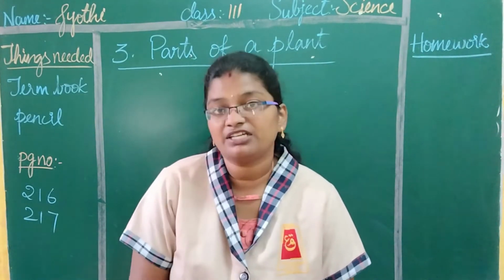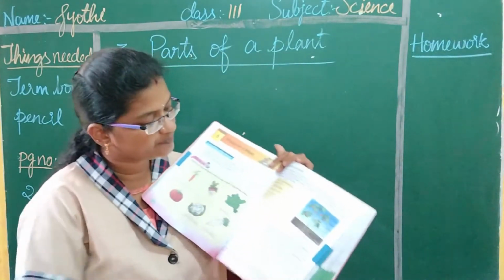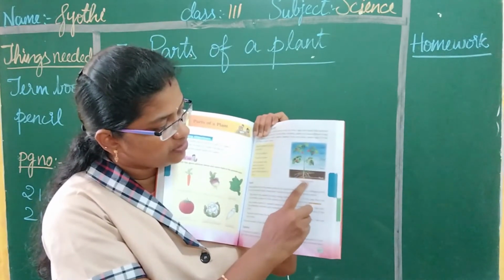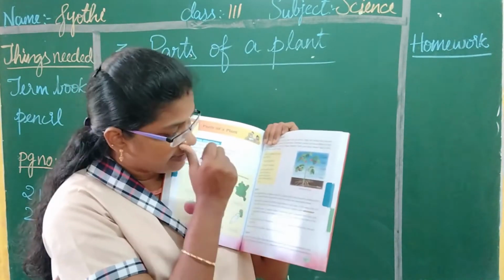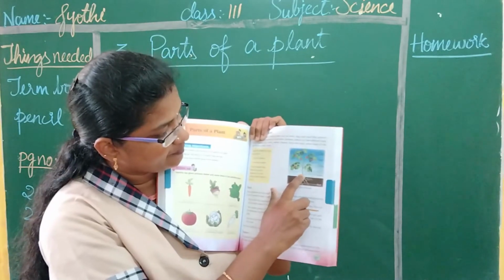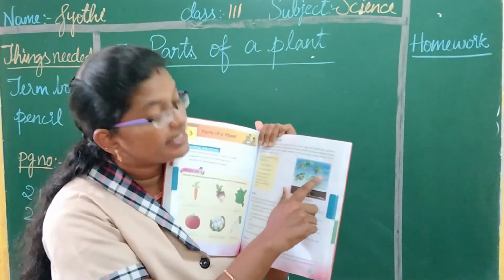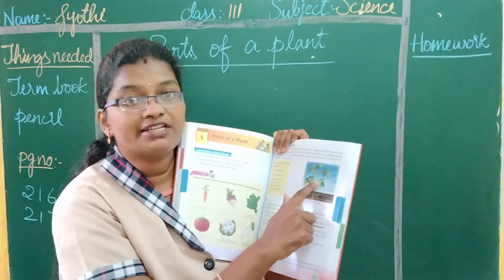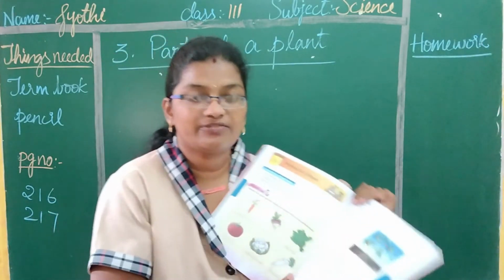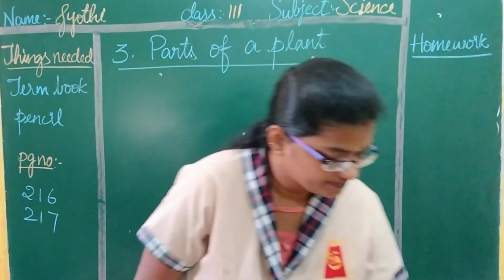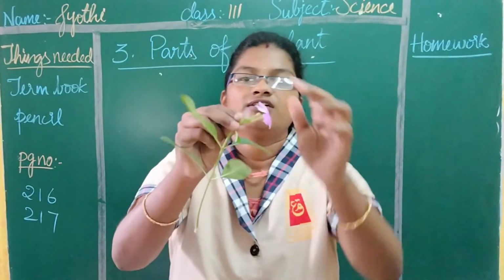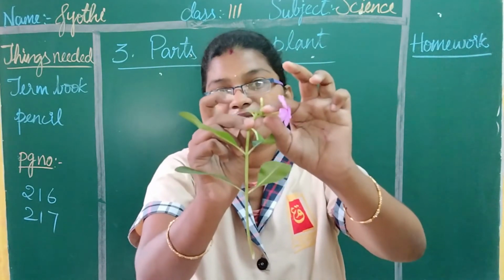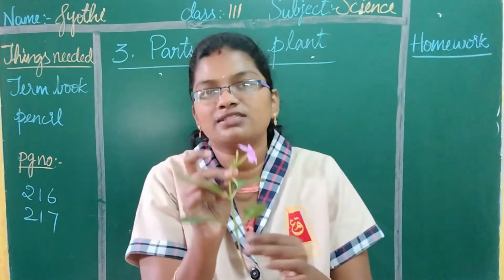If you look at the picture here in the textbook, the part which is below the ground is root, and here is the stem, then you can see leaves, then the red colored one is fruit and the yellowish-whitish one is the flower. And the small leaf-like or flower-like structures, we call them buds.